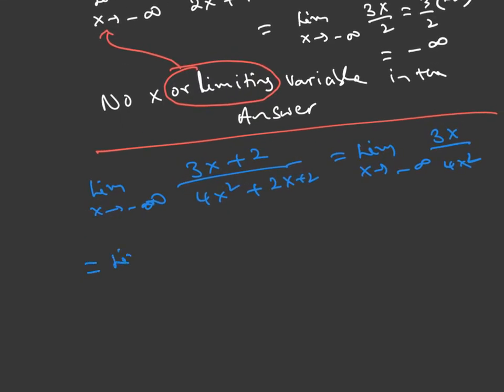When you simplify this time, you are going to have an x on the bottom. Proceed to plug in, so that is 3 over negative infinity.